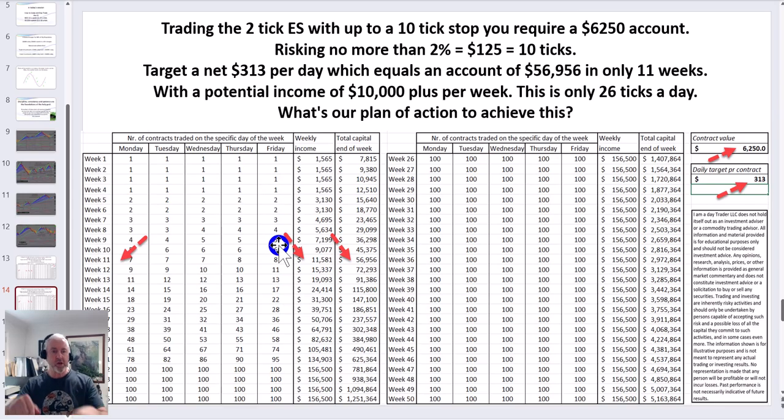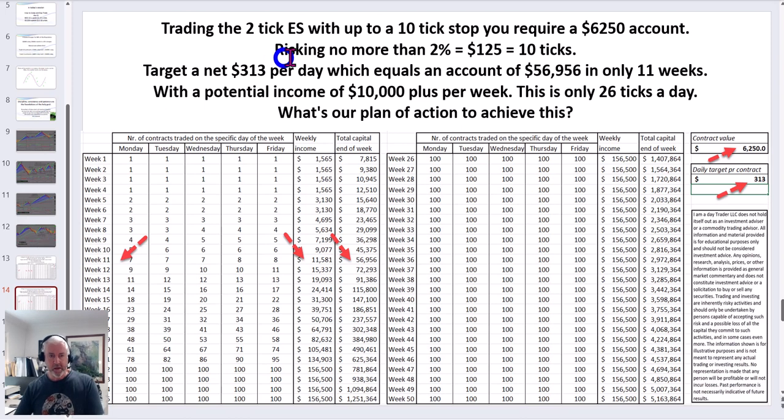You can download this spreadsheet: if this is on YouTube, go to the description link below and you'll be able to download it. I've also got a little training video, which you also get a link to, just teaching you how to use this. So click on the description link below to get a copy of this.